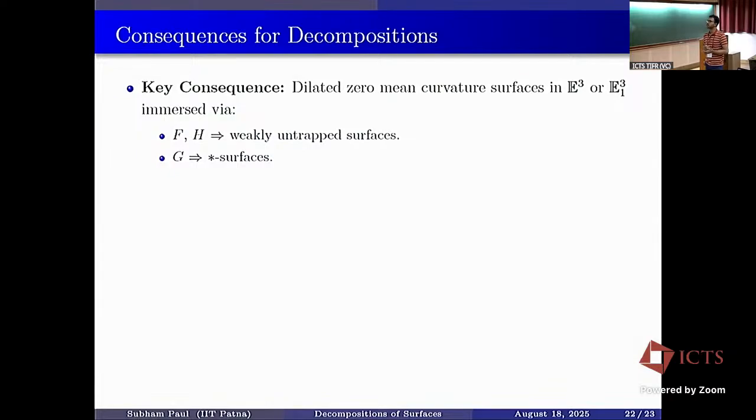So the key consequence is that we have the dilated zero mean curvature surfaces in the Euclidean and Lorentz-Minkowski settings. If we immerse those surfaces using capital F, G, and H, we get weakly untrapped surfaces from F and H, and from capital G we get the star surface.